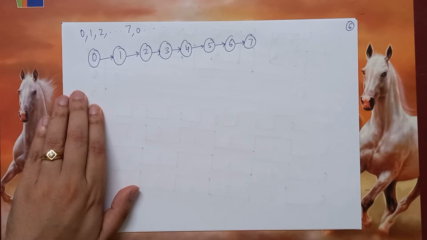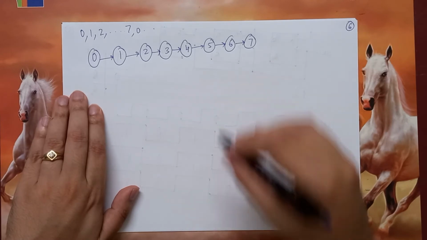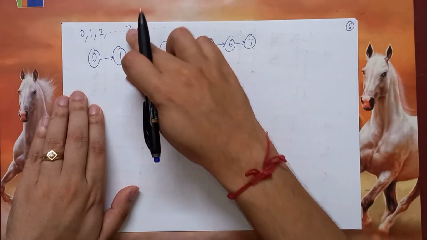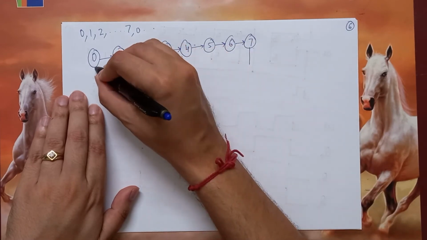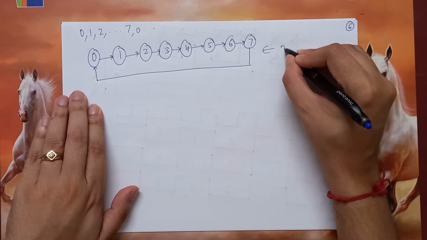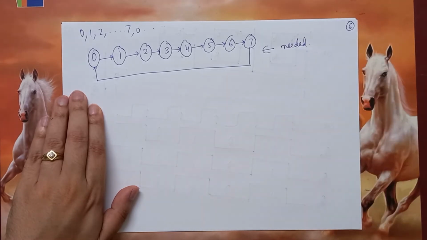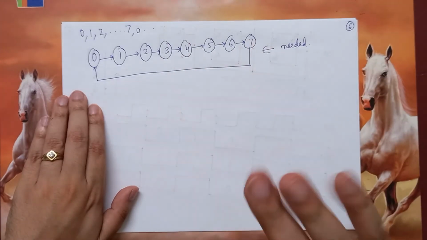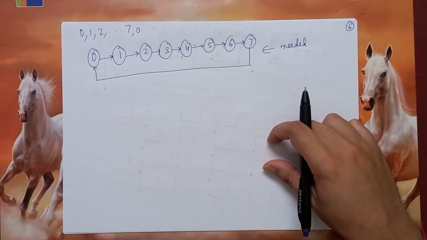Alright. So after 7 what happens? It should come back to 0. This is what is needed. We want to design this up counting sequence using the synchronous counter using T flip-flops.